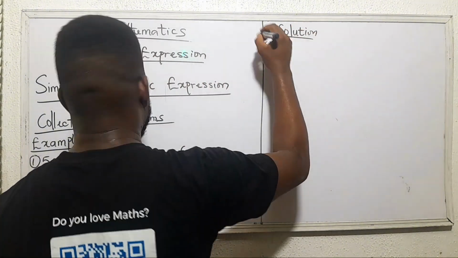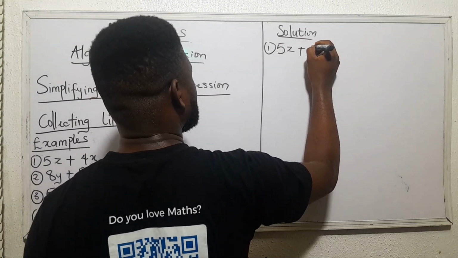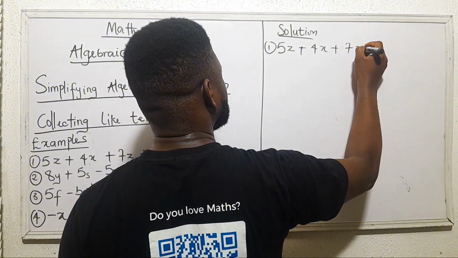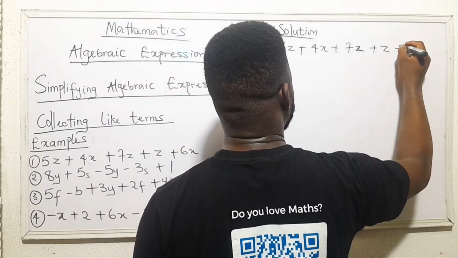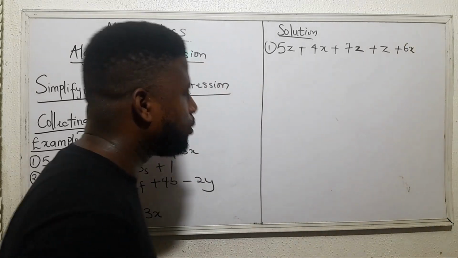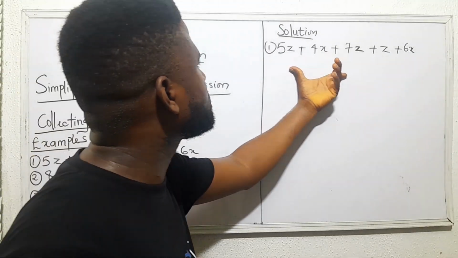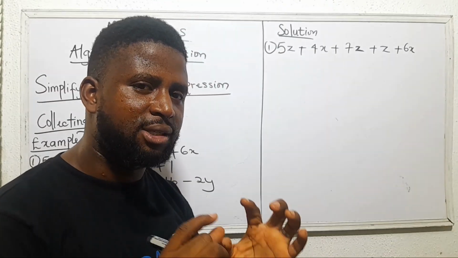Number 1, we have 5z plus 4x plus 7z plus z, and then plus 6x. Now, at the point where we have multiple variables, they are unlike, we can't solve them.